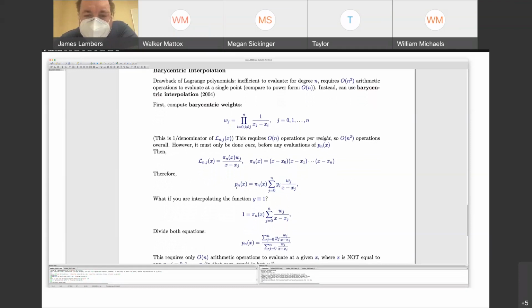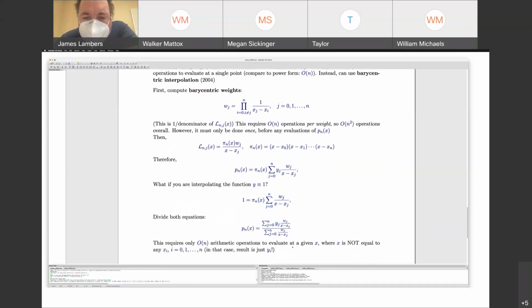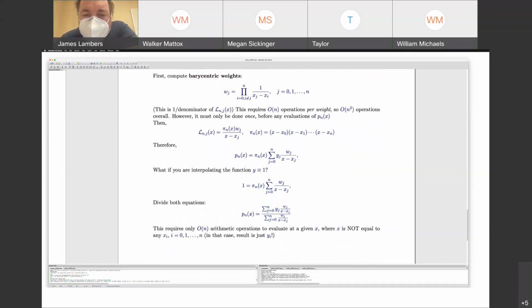Now, if I take this equation and divide both sides by this equation, I have p n of x on the left side, and then I divide these two, and look what we have here. The pi n of x cancels out. And now you have this. So this is the value of the Lagrange interpolating polynomial, as long as x is not equal to any of the interpolation points. So you can't use it for those points because you'd be dividing by 0.